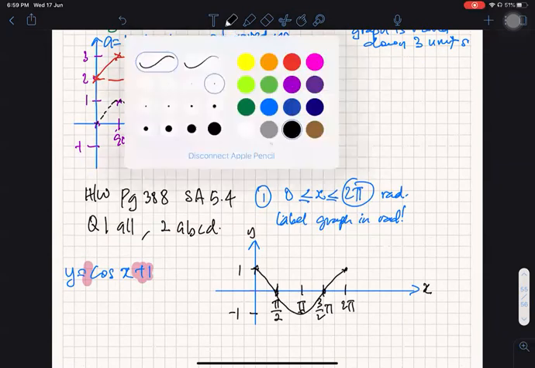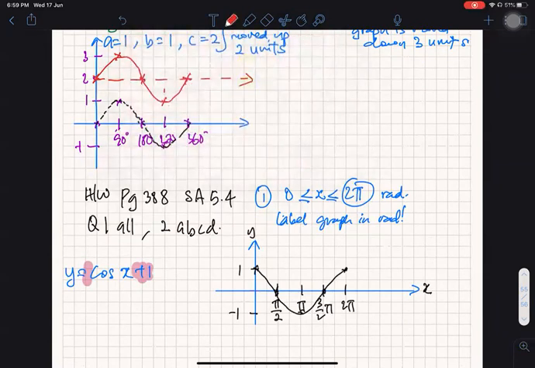You want to move it up by 1. So use red color, all the points go up 1. Your x-axis also goes up 1. That's your x-axis. Then this is 1, so 2 here, and negative 1 goes up to 0. So now we plot all the points. This point goes up here, 0 goes to 1, negative 1 goes to 0, 0 goes to 1, and 1 goes to 2.